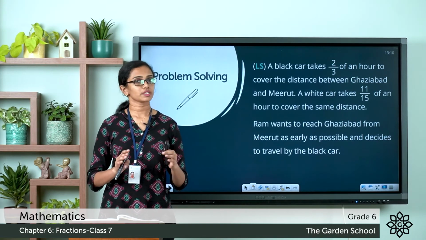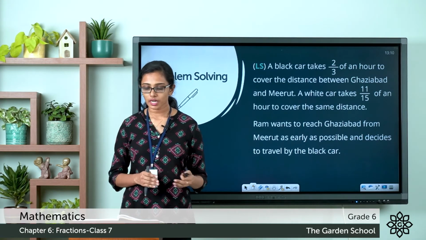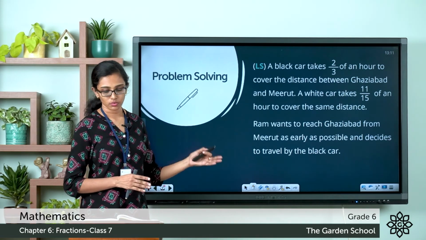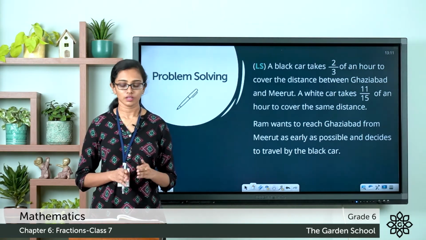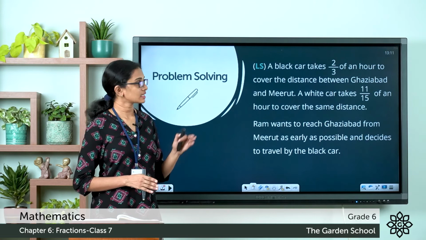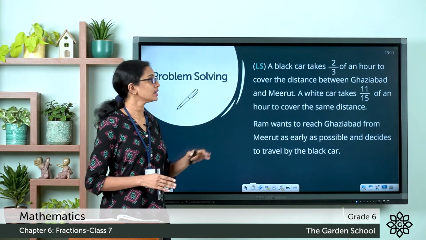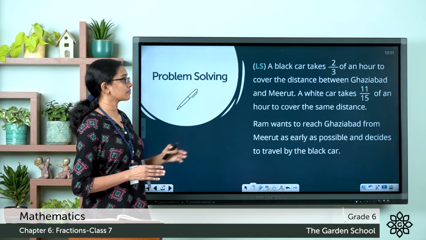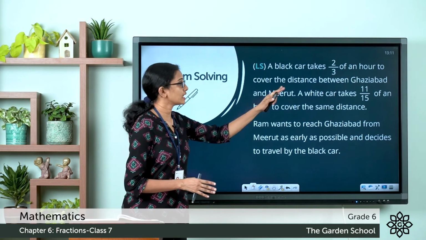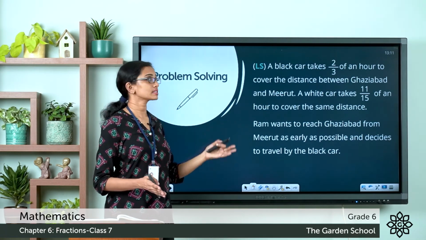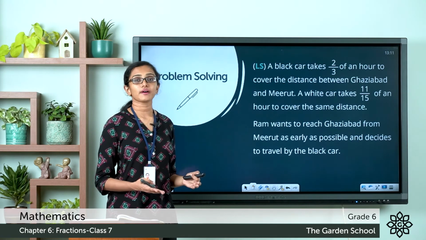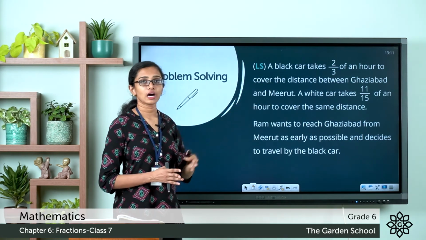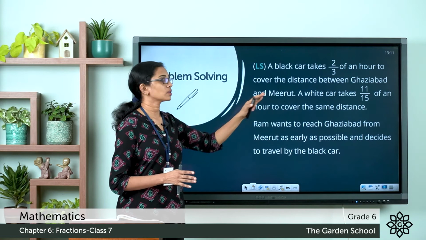So let's discuss the first part here. Find which car takes less time to cover the above set distance and by how much. In the question it says the black car takes 2/3 of an hour to cover the distance between Ghaziabad and Meerut, whereas the white car takes 11 out of 15 of an hour to cover the same distance. So we need to find out what is 2/3 of an hour and what is 11 by 15 of an hour.